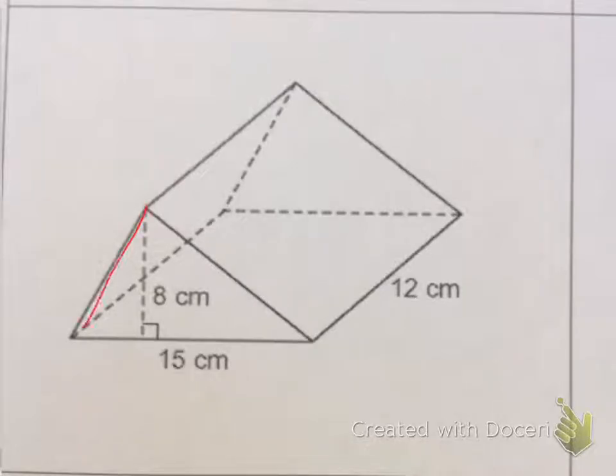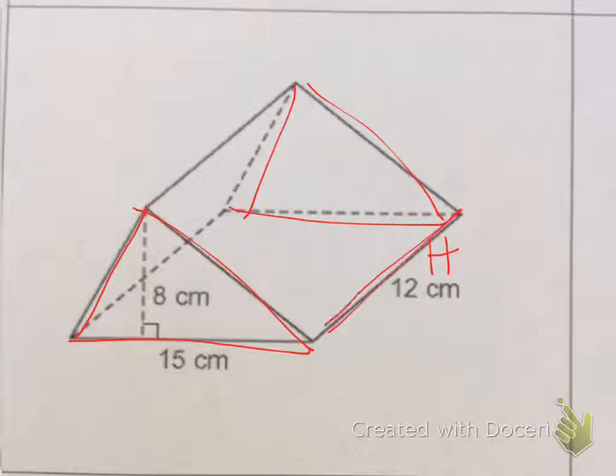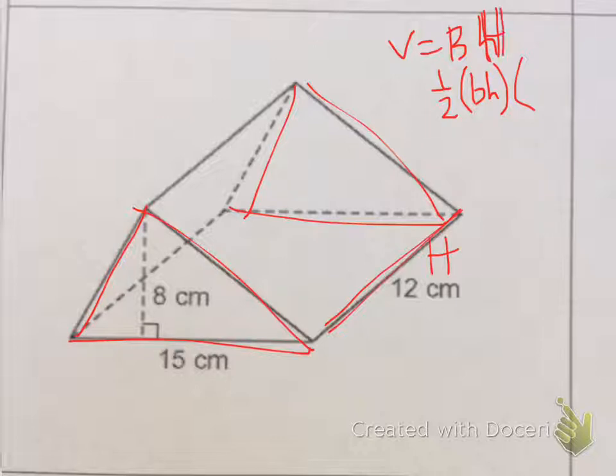This next one is a triangular prism. I can tell because both ends of my prism are triangles, and then in between I have my height. So this is my height right here. I have to find the volume of this by doing the area of the base times the height. The base of this is a triangle, and the formula for a triangle is 1/2 base times height. I'm going to write this one as an uppercase H, so you remember it's the height of the entire prism.